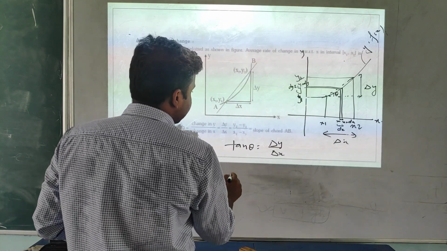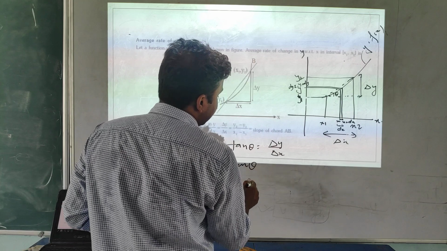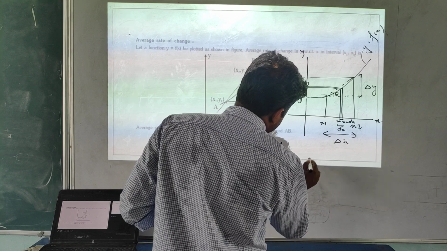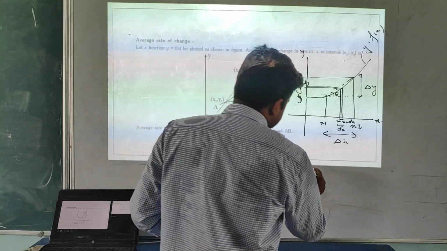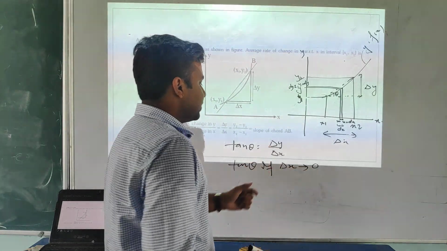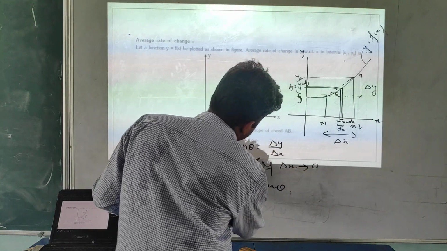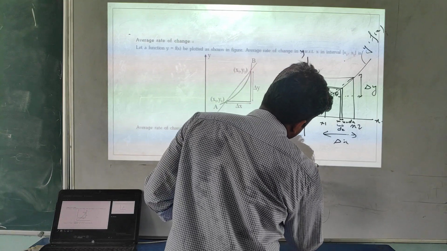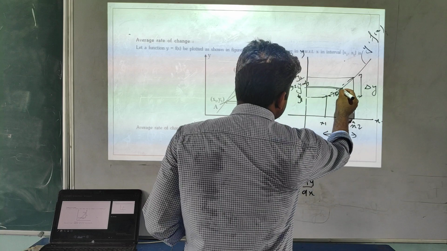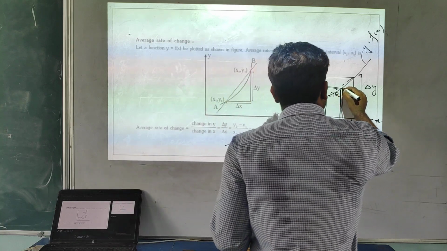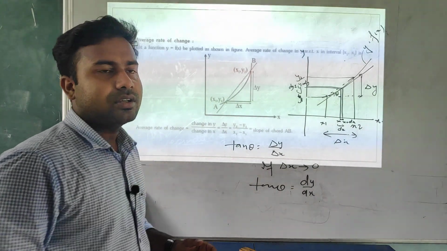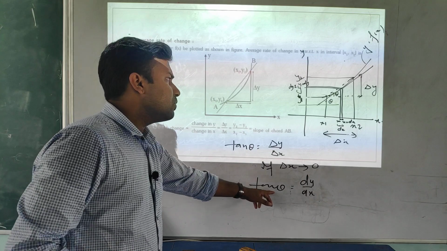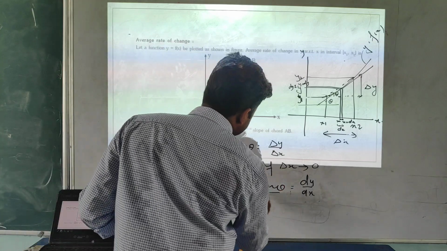So what you can write, the value of tan theta, if delta x is tending to 0, the tan theta equal to dy by dx. We are talking about this small. Now it's behaving like a what, tangent, is it or not? And this is the slope also student, this theta is here slope. So tan theta is what, it's a slope.